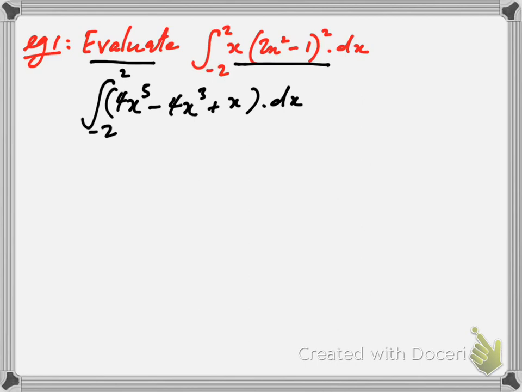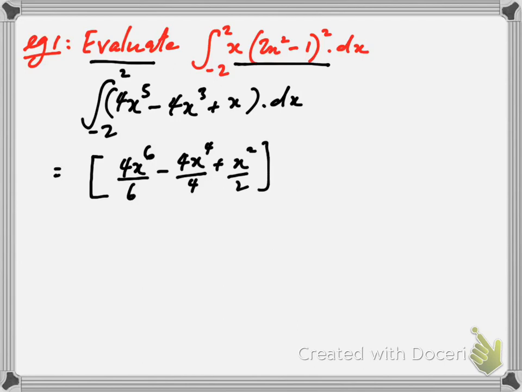So what we do is we use open square brackets and we integrate. This will become 4x to the power 6 over 6 minus 4x to the power 4 over 4 plus x squared over 2 from negative 2 to 2.